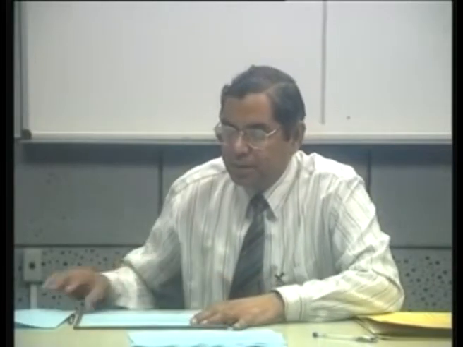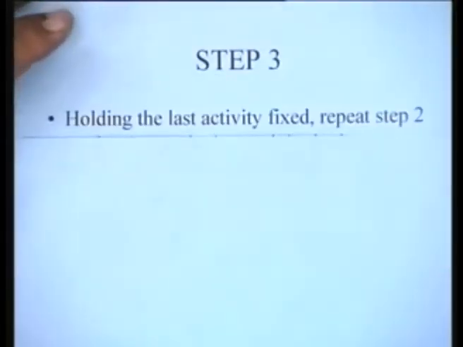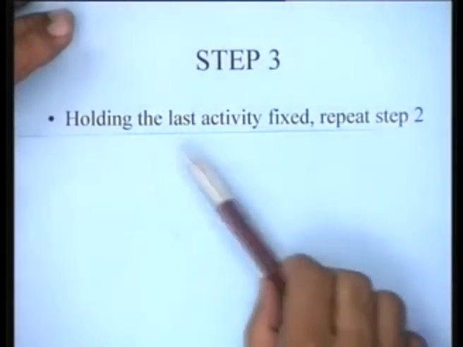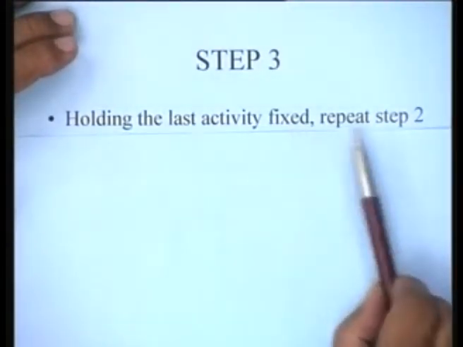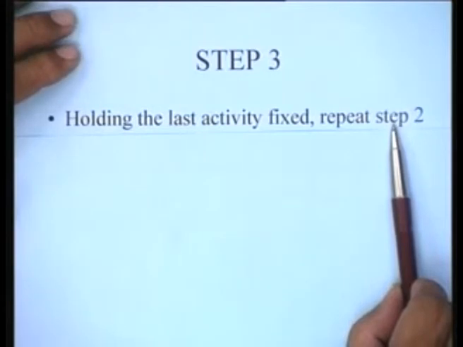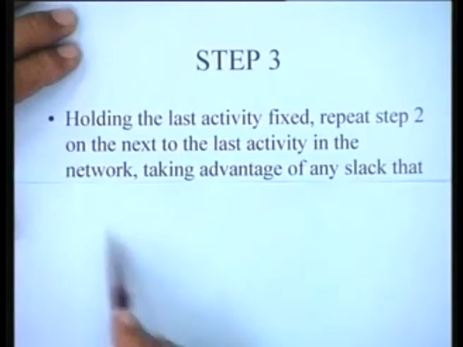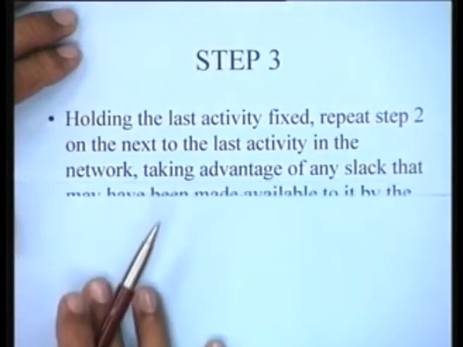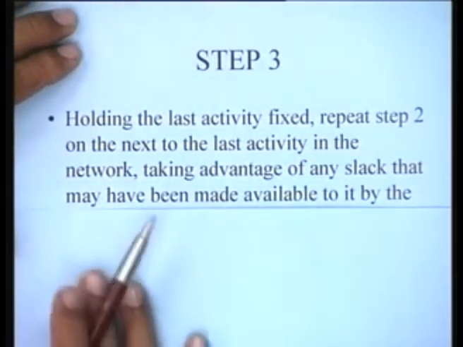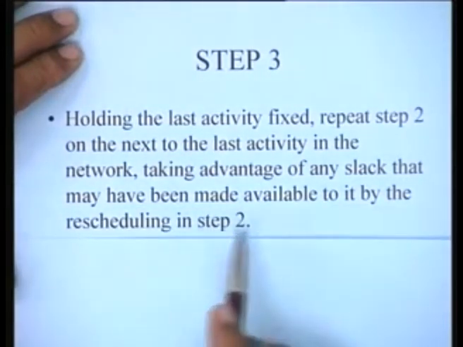Step 3 then says that the last activity which we have just considered, keep it fixed and repeat the earlier step, step 2, on the next to the last activity in the network, taking advantage of any slack that may have been made available to it by the rescheduling in step 2.